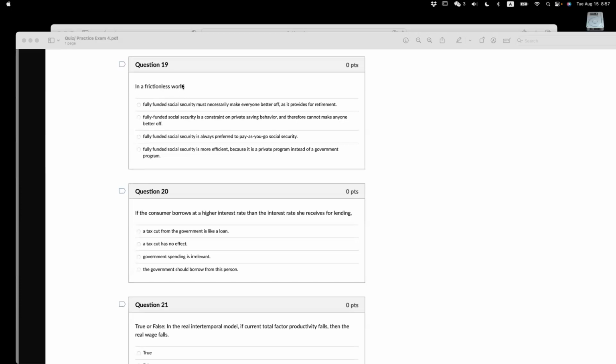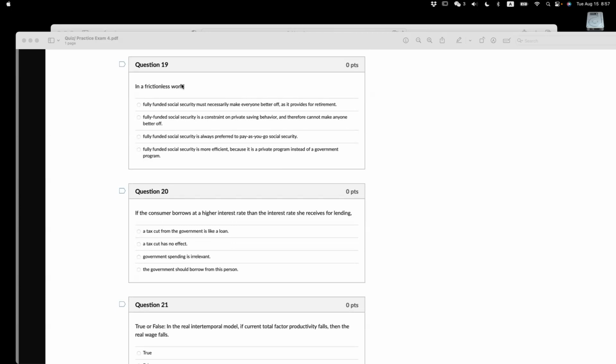But in the frictionless world, meaning there is no financial friction, no commitment issue, right? Then these things are not optimal, right?